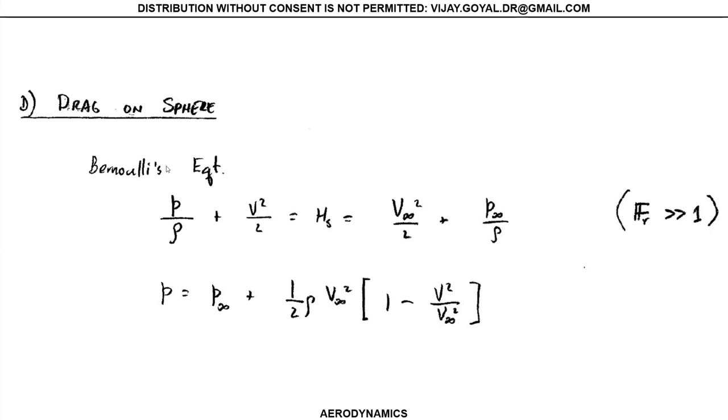So if I wanted to find the drag on a sphere, remember, then I need to go back to my Bernoulli's equation. So that's how I can find my pressure. Anytime I want to find my drag, or I want to find my lift, I need my pressure. Okay, and we derived this before, so this is the general expression that we have.